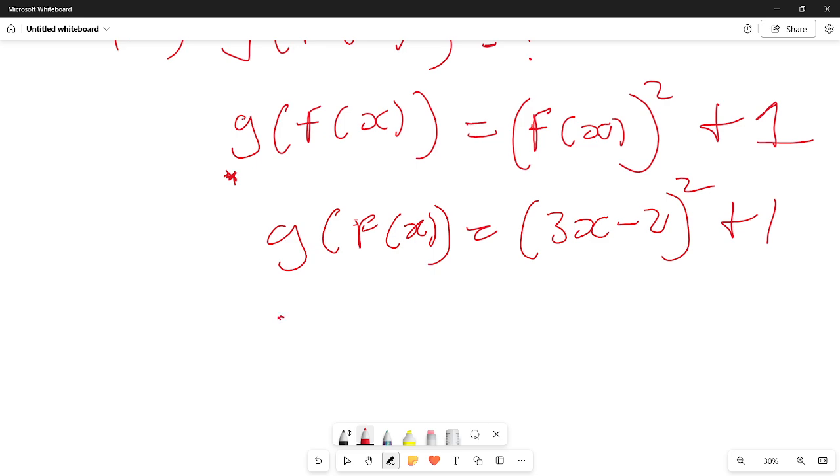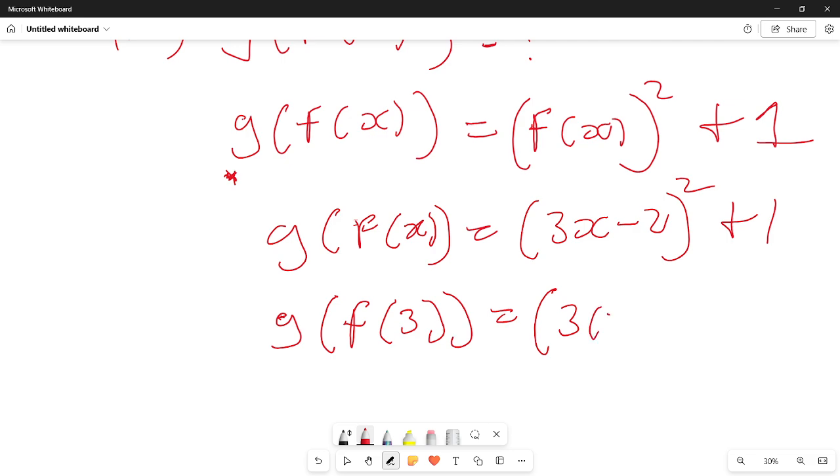So remember, the question that we have is asking us to find g of f of 3, which is, in this case, 3 multiplied by 3 minus 2 to the power 2 plus 1.